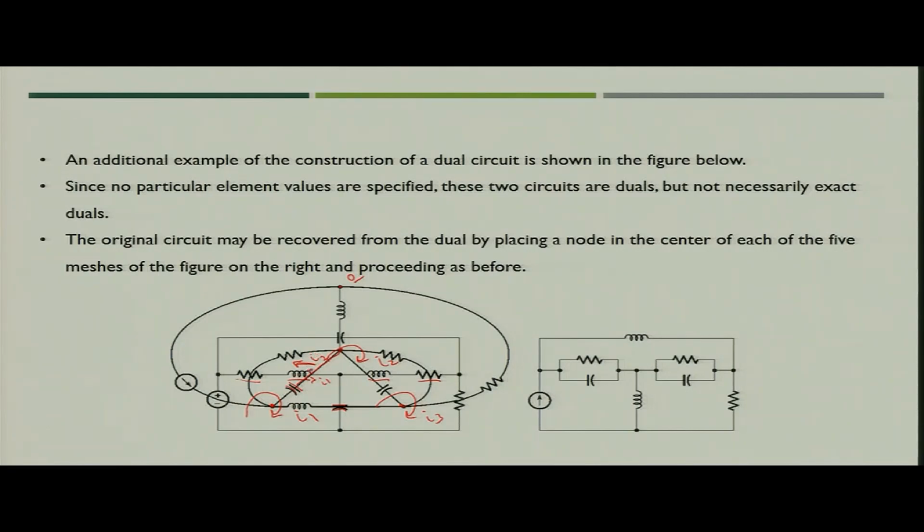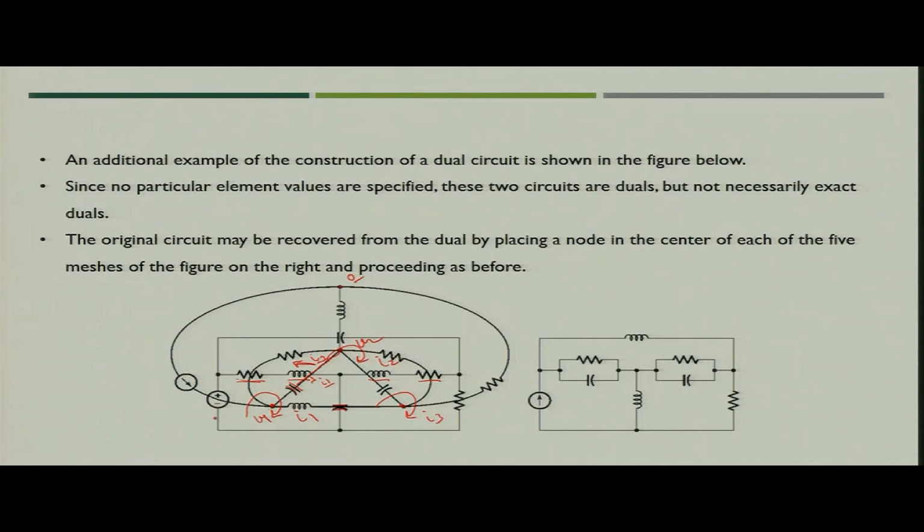So, in nodal terms, when you replace this inductor with a capacitor, the capacitor should be connected between node V1 and V2.